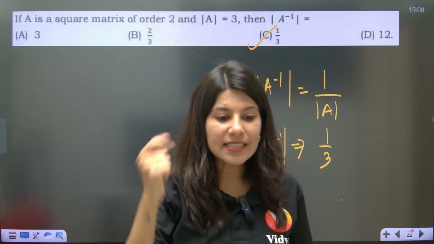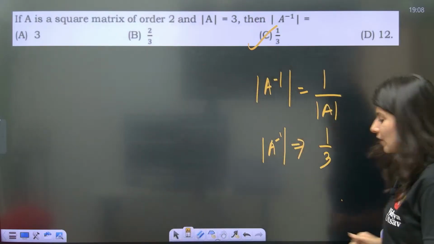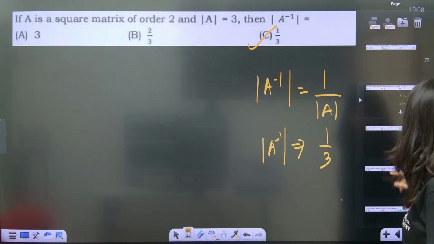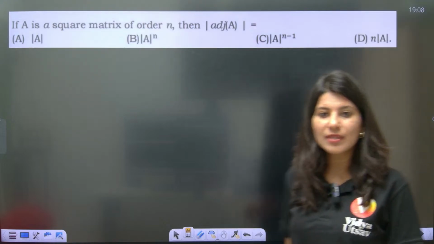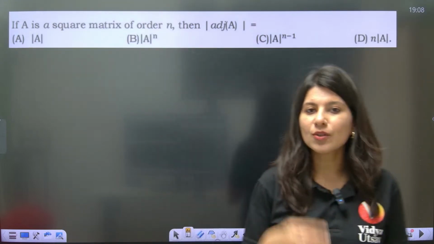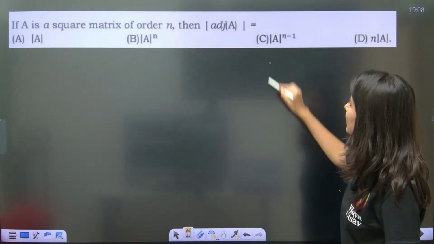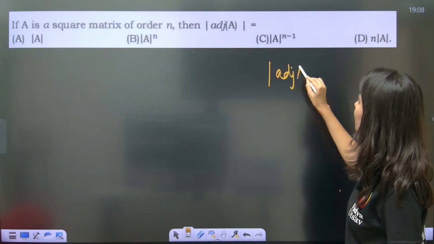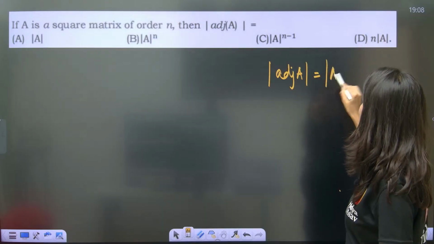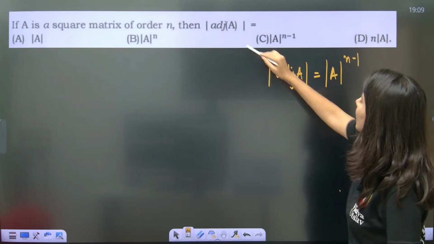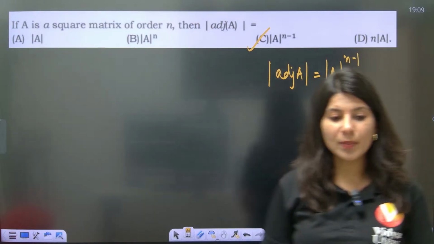Quickly, 10 seconds, 15 seconds questions we are doing, right? Some MCQs are taking time, some MCQs you can do nicely. Again, I have told you this property, determinant of adjoint of A is determinant A power n minus 1. Remember this property, repetitive.